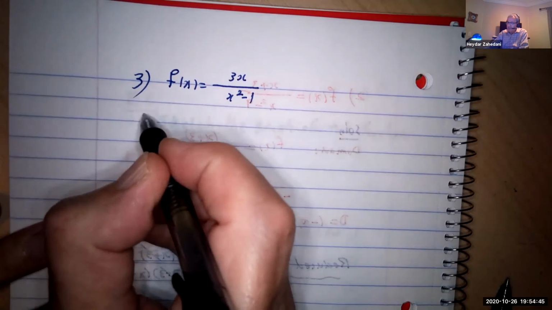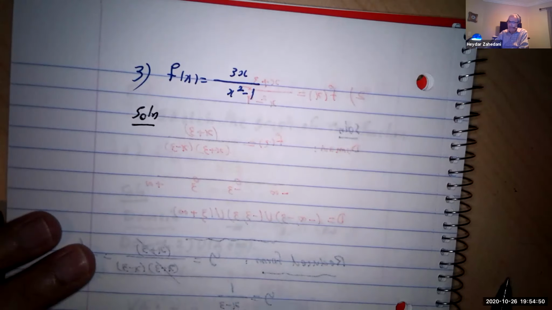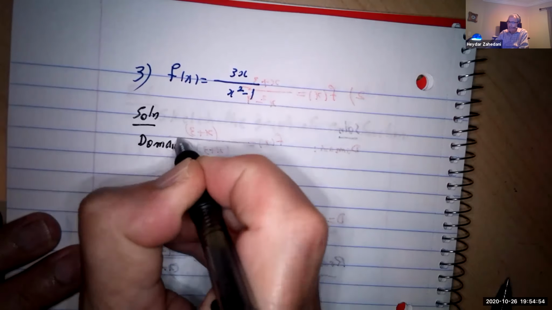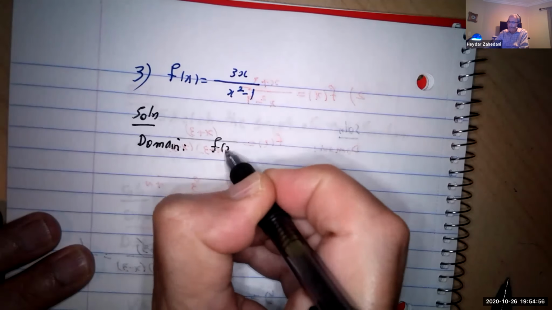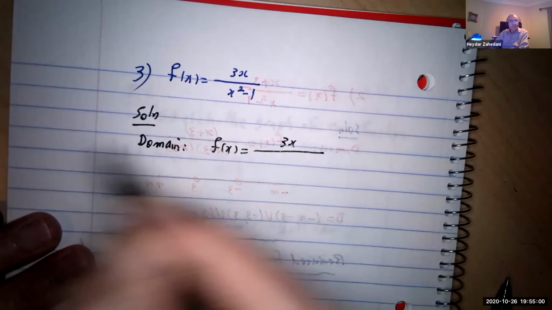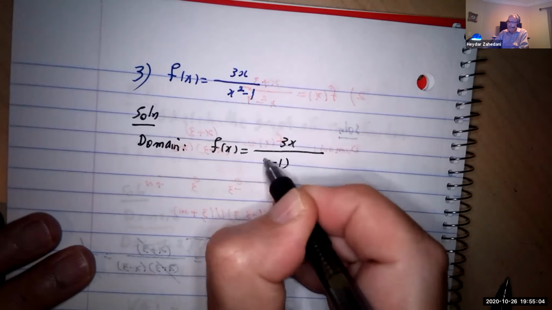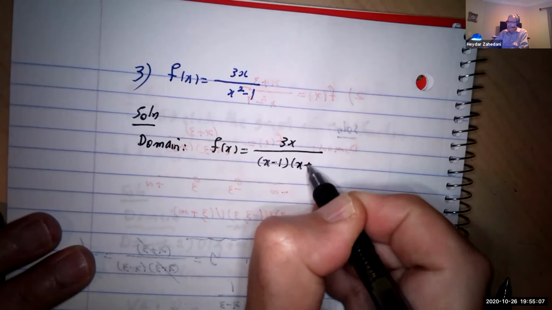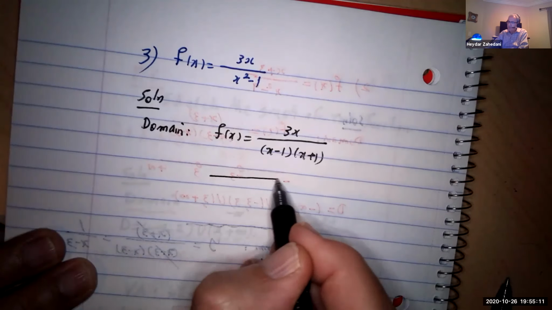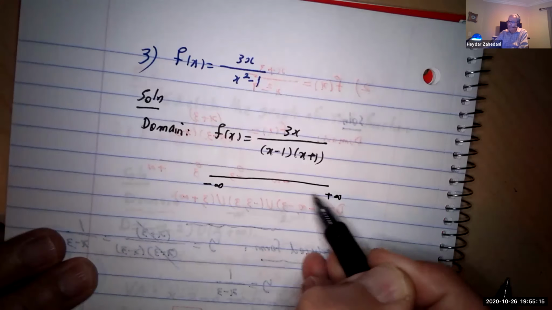Are you ready? Solution. Step 1, the domain. We have to simplify it. You have to factor the denominator. So f of x would be 3x on the top, and the bottom gives x minus 1 times x plus 1. So you have two numbers to exclude. You don't have to write the graph, but this is the way I do it.